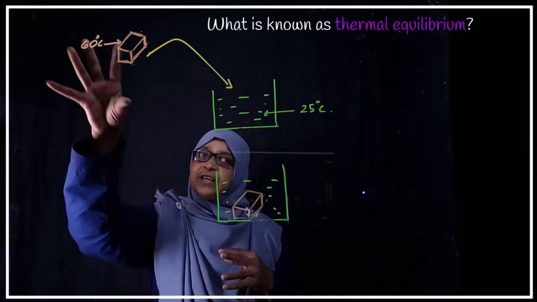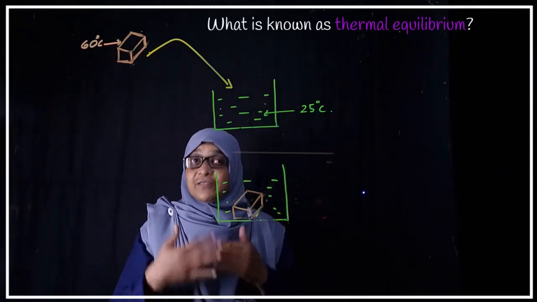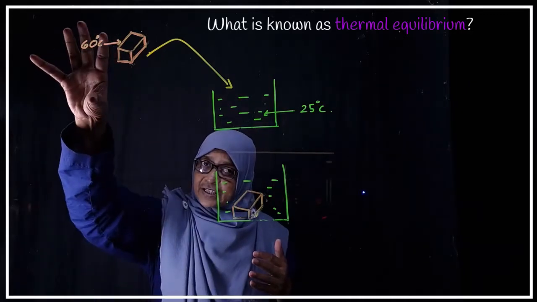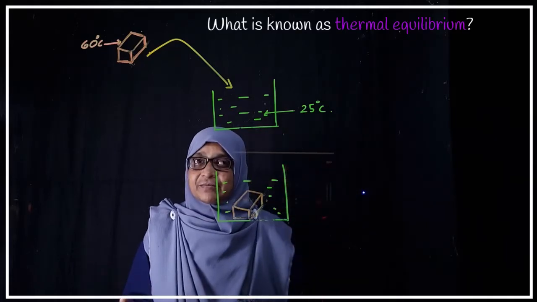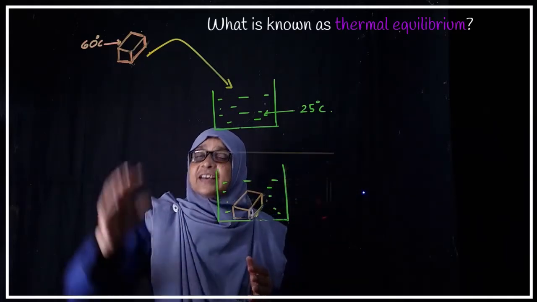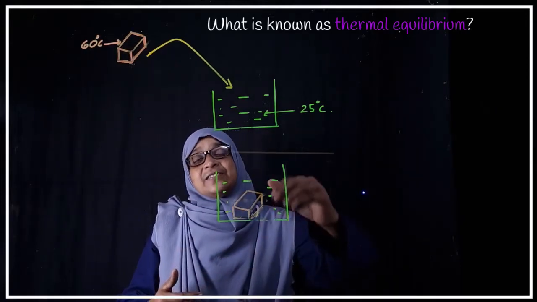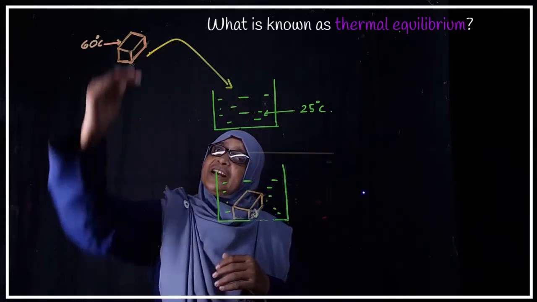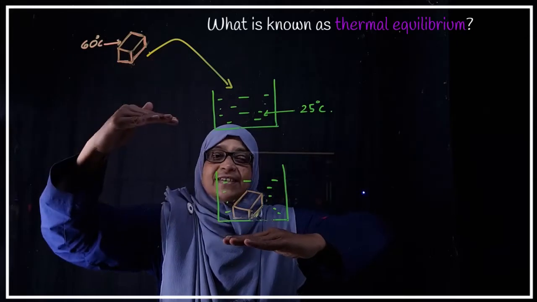Now we are going to put this metal block into the water. What will happen? We know heat flows from the object at the high temperature to the object at the lower temperature. Then the metal block releases heat while the water absorbs heat. When releasing heat, the temperature decreases.